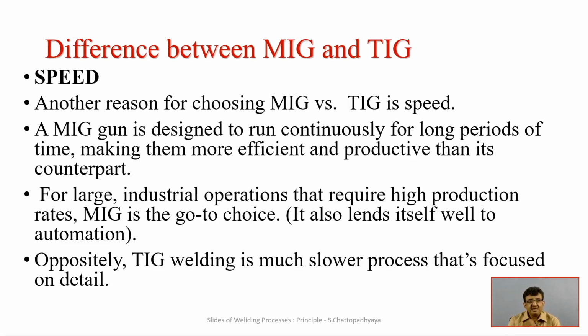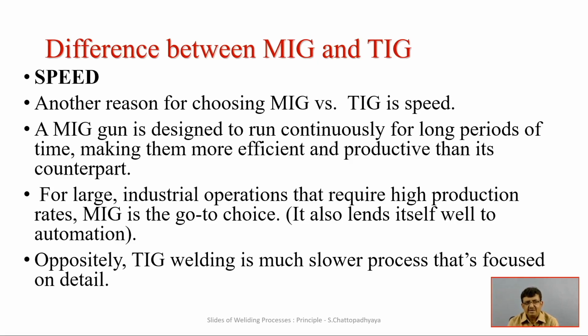Another reason for MIG versus TIG is speed. Speed is favorable: the MIG gun is designed to run continuously for long periods of time. Its feeding is also there from the coiler itself, so it becomes more efficient, with more continuous production. For large industrial applications like shipbuilding industries, wagon building units or a very big machine structural fabrication unit, MIG is the go-to choice immediately.